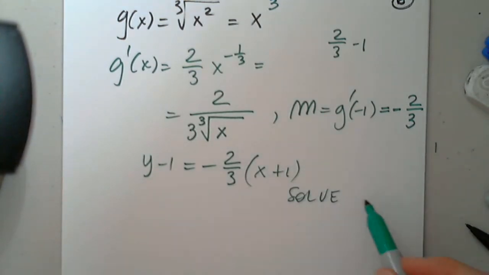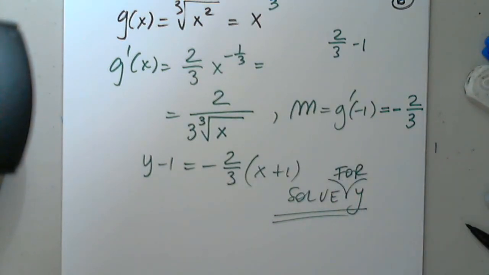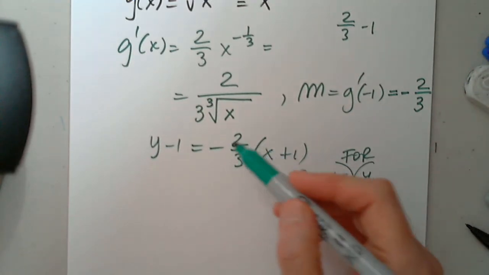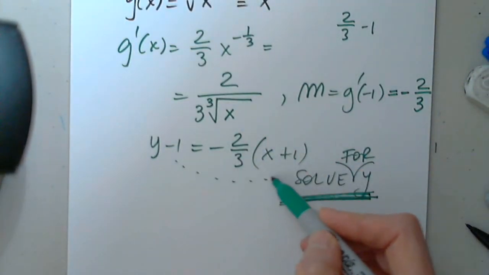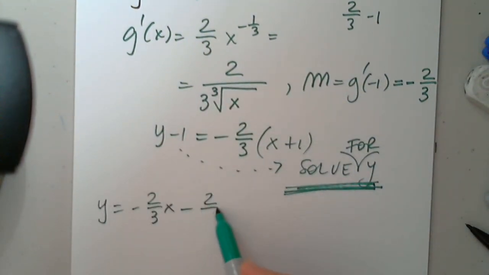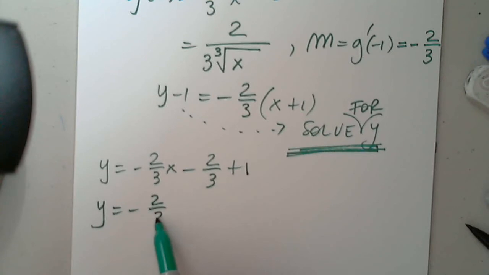Every time I'm asked to find the equation of the tangent line, it has to be solved for y. So I have to distribute and then add 1. So y equals negative 2/3 x minus 2/3 plus 1. So y equals negative 2/3 x plus 1/3.